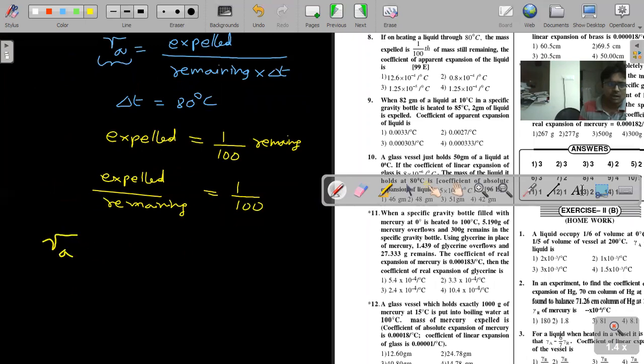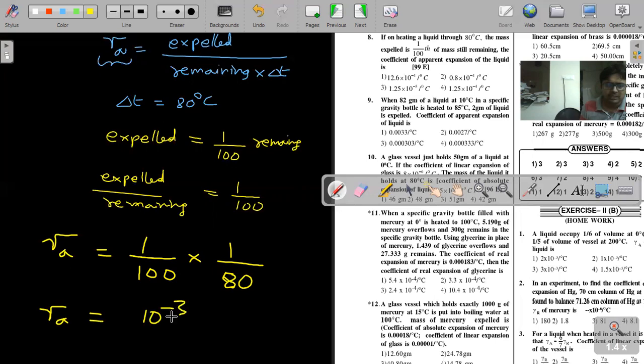So gamma A is equal to expelled by remaining, which I can write as 1 by 100, and in the denominator we also have the temperature difference, which they provided as 80. Taking the 100 to the denominator, I can write this expression as 1 by 8 into 10 power minus 3.